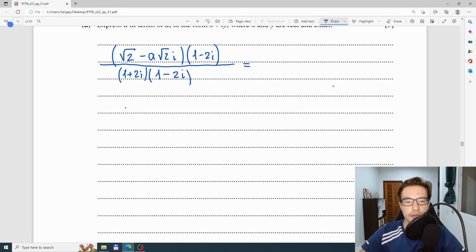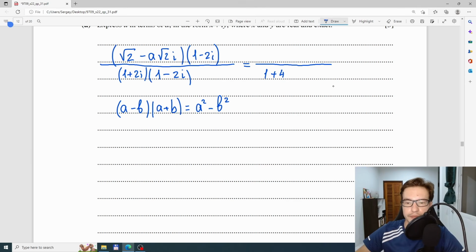That's because of the formula a minus b times a plus b equals a squared minus b squared. That means at the bottom, if we use this formula, we'll get 1 squared, which is 1, minus 2 squared, 4, and then i squared is minus 1, and then minus and minus will give us plus.